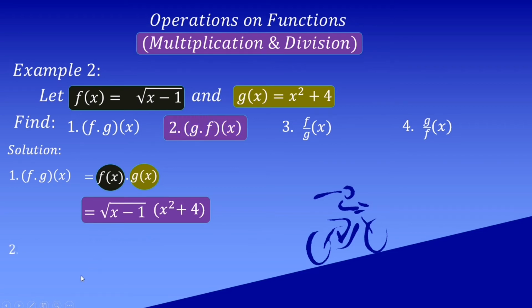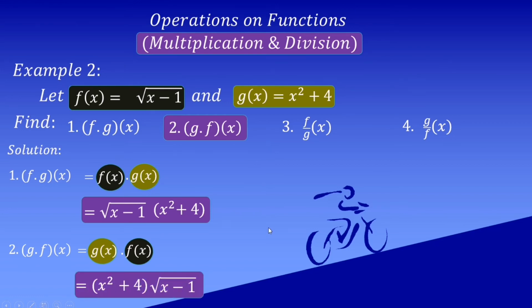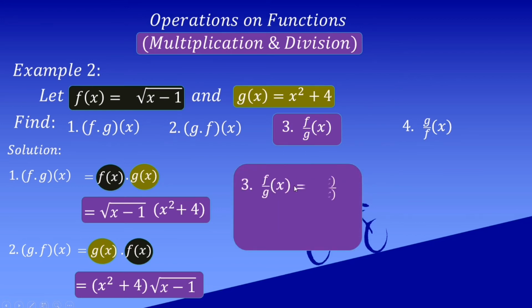For g multiplied by f of x, it is equal to g of x multiplied by f of x. This is the reverse of number 1. So our g of x is the quantity x squared plus 4, then f of x is the square root of x minus 1. That would be the product of g and f. Therefore, it shows that the product of f and g of x is equal to the product of g and f of x.